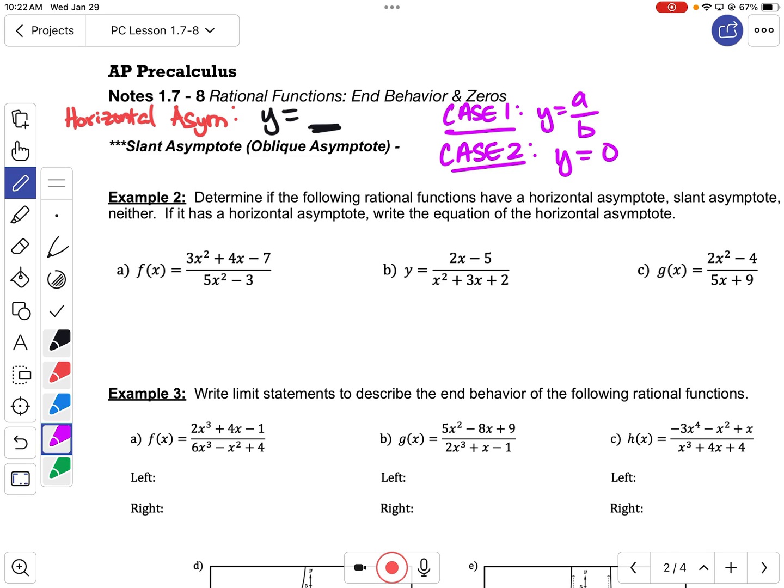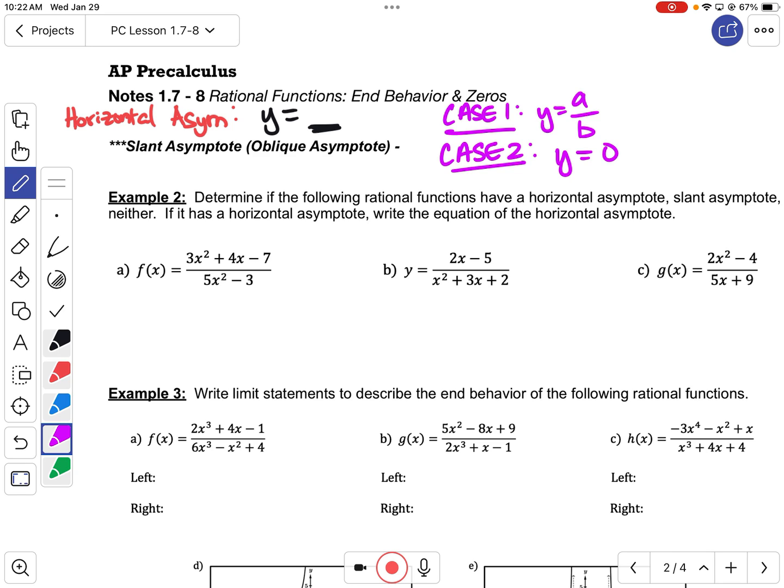Now, a slant asymptote only occurs occasionally. It does not occur all the time, all right? And it cannot occur in conjunction with a horizontal. So you're either horizontal or slant, but you can't be both, okay? You could be neither, but you can't be both, all right?